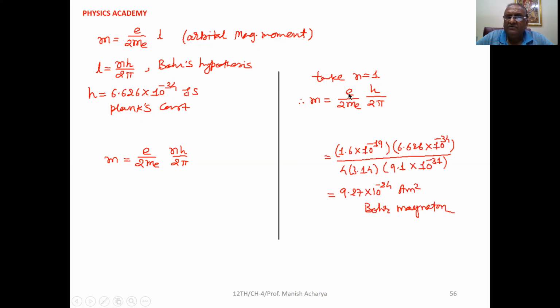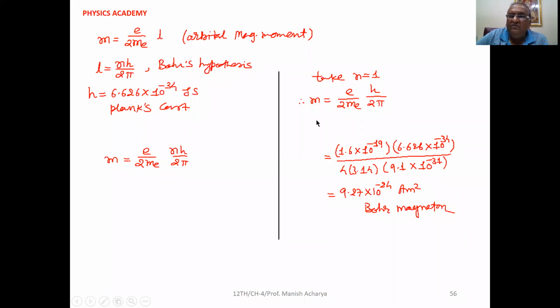Now substitute the values. e is 1.6 into 10 raised to minus 19, h is 6.626 into 10 raised to minus 34, 2 into these two is 4, pi is 3.14, me is 9.1 into 10 raised to minus 31.